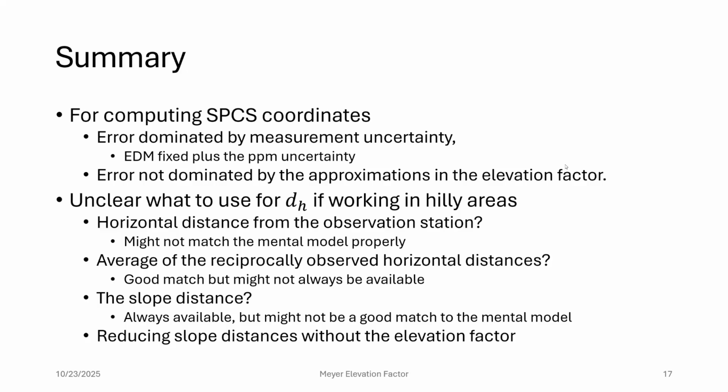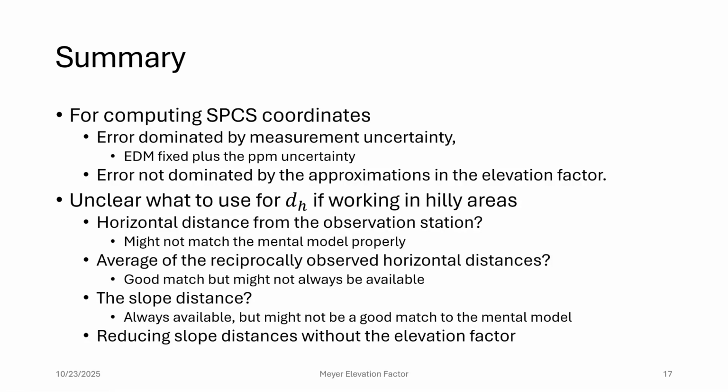The next thing to think about is, our mental model is that we're reducing a horizontal distance at height down to the ellipsoid. And in this error analysis, I set the ellipsoid height equal at both stations. But what if that's not the case?